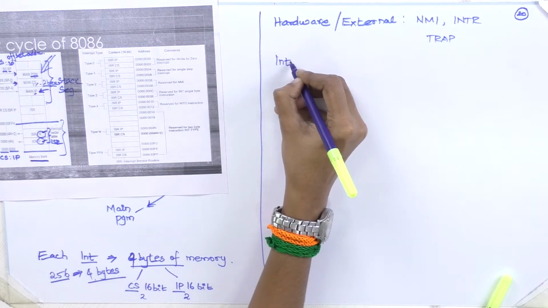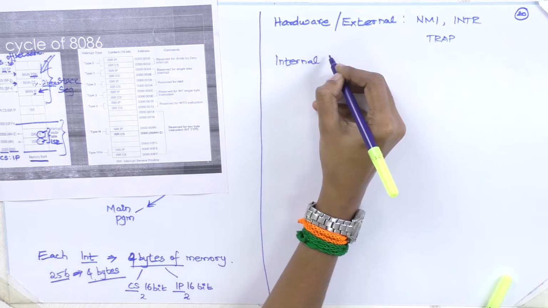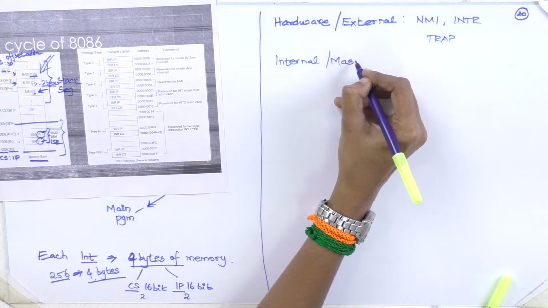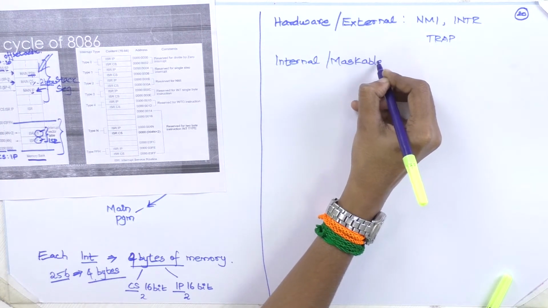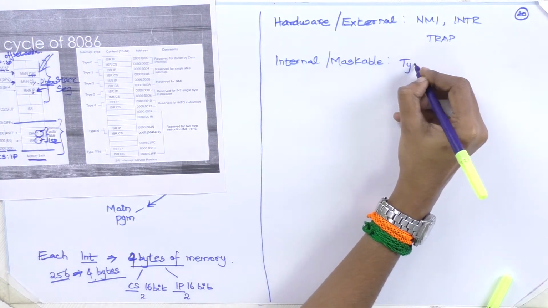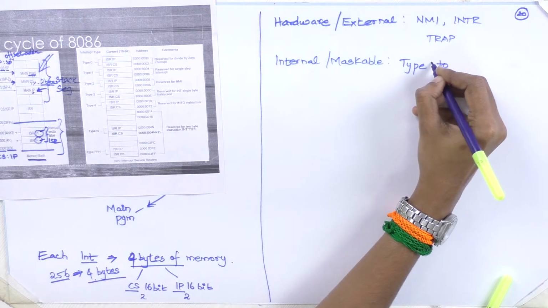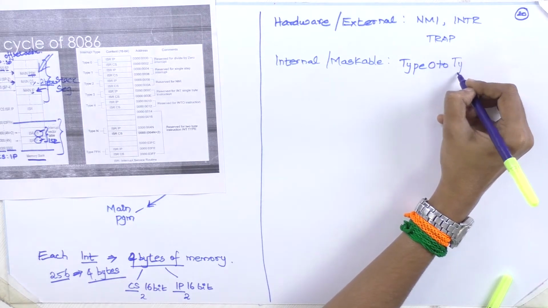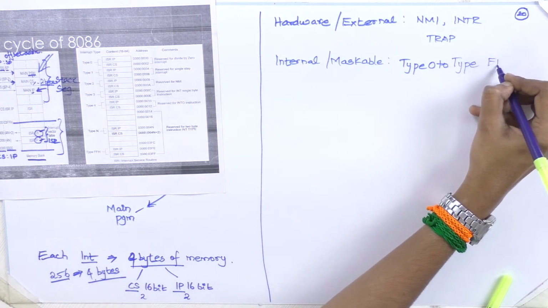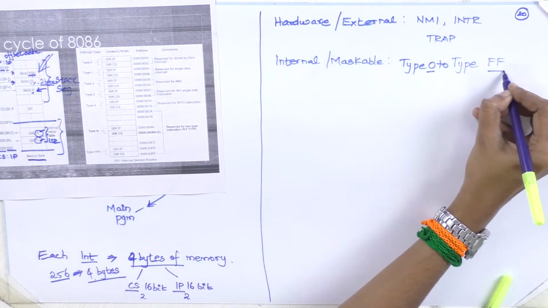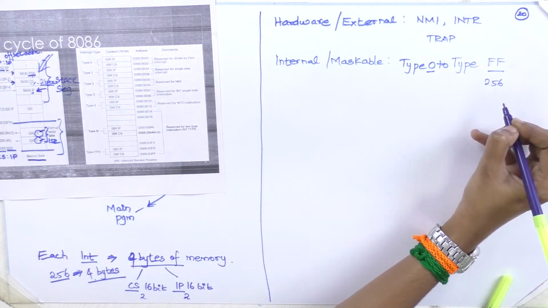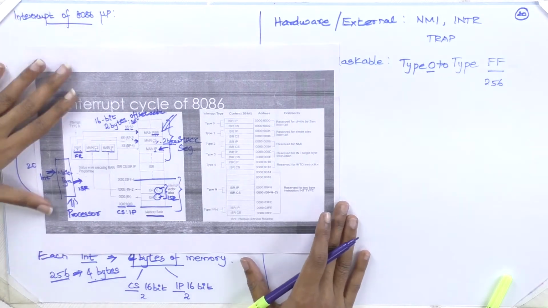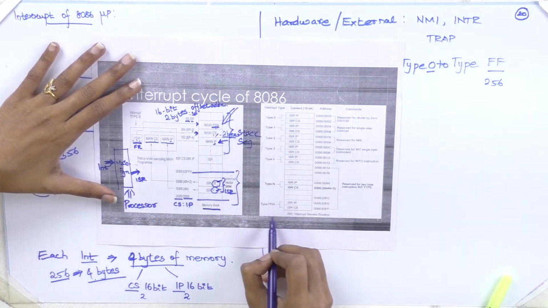Then the internal or maskable interrupts are from type 0 to type FF. Totally 0 to FF, 256 interrupts are there. Fine. So this is the interrupt cycle.